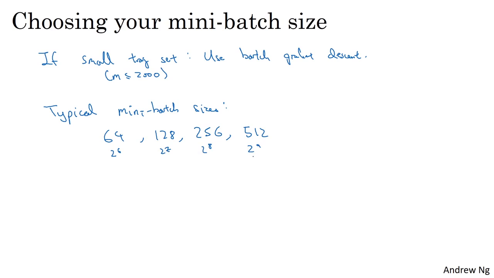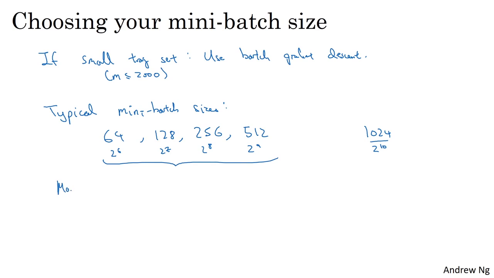So often I'll implement my mini batch size to be a power of 2. I know that in the previous video, I used a mini batch size of 1,000. If you really wanted to do that, I would recommend you just use 1,024, which is 2 to the power of 10. And you do see mini batch sizes of 1,024. It is a bit more rare. This range of mini batch size is a little bit more common.